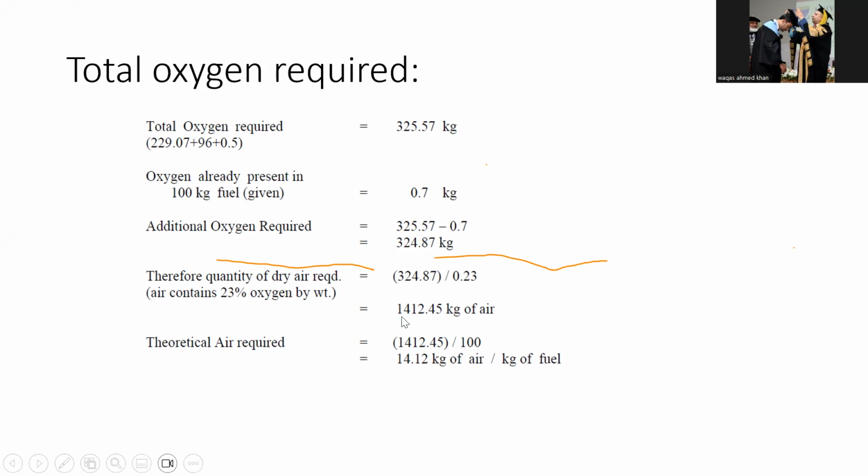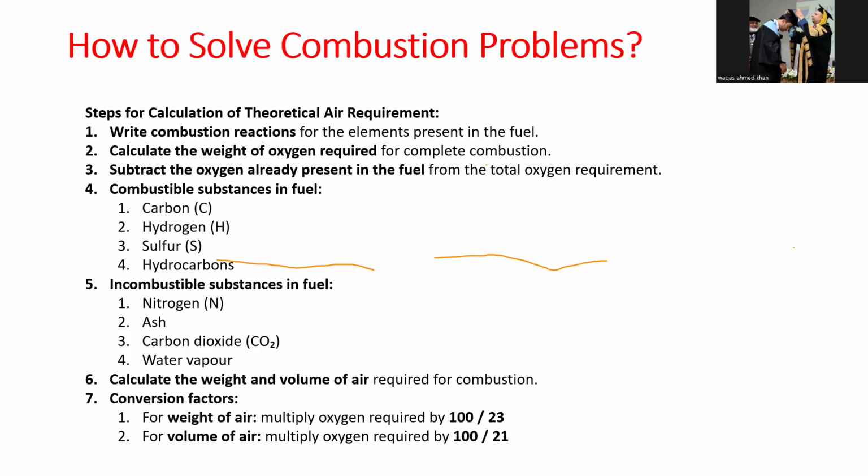Now, the weight of air required is 1412.45 kilograms of air. Initially, we took the basis of 100 kg, but here we have to find it for 1 kg. So for 1 kg, you divide by 100 kg, and you get 14.12 kg of air required for 1 kg of fuel analyzed in the lab.